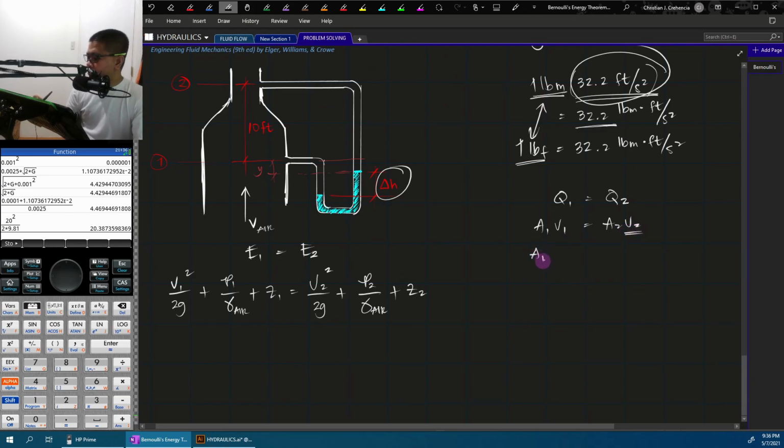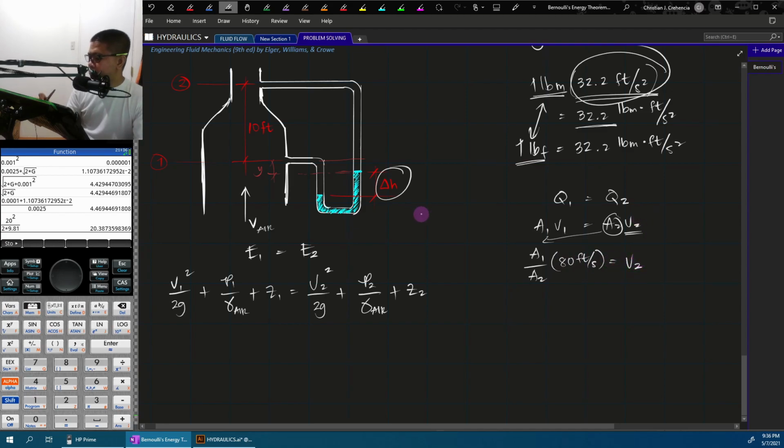So, area 1 over area 2 times velocity 1, we just moved area 2 to the other side. Velocity 1 is 80 feet per second, and this is equal to velocity 2.